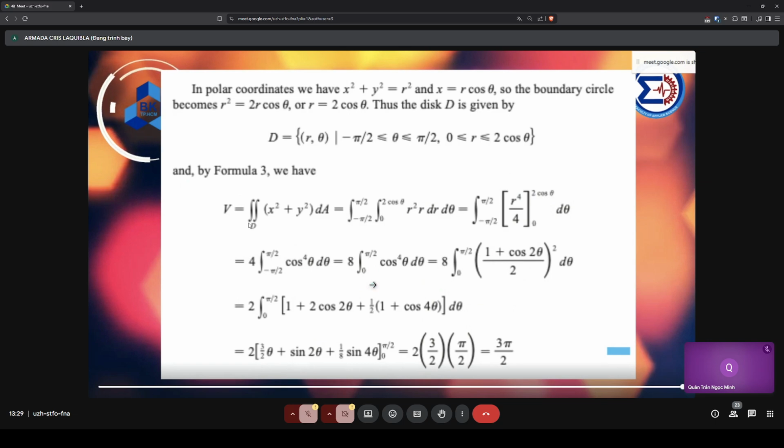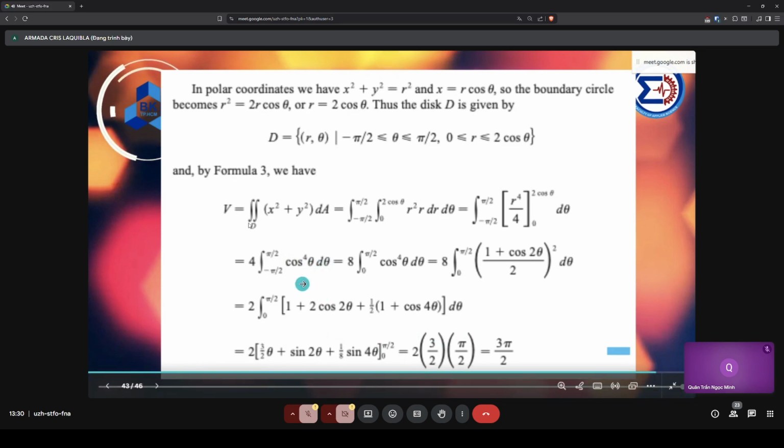Okay. This is 8, and then 0 to pi over 2 of cos 4 theta d theta. Okay, as you can see here, the integral from here is from negative pi over 2 to pi over 2. And this is an even function, cos to the power of 4 theta.